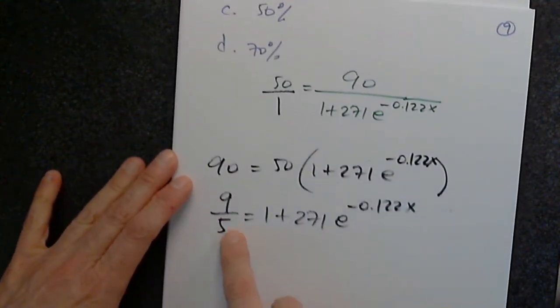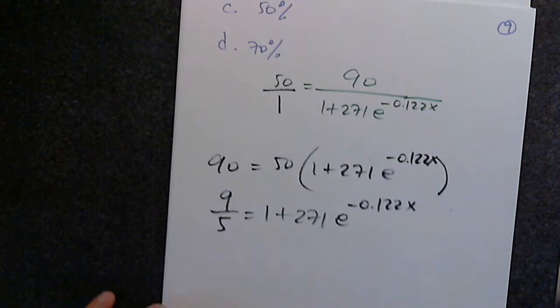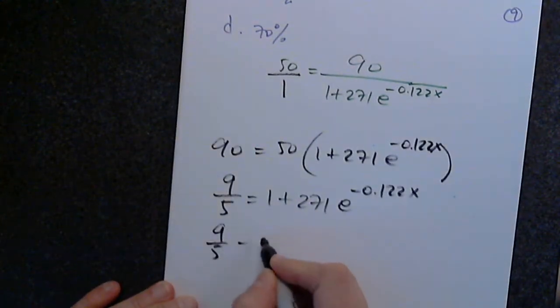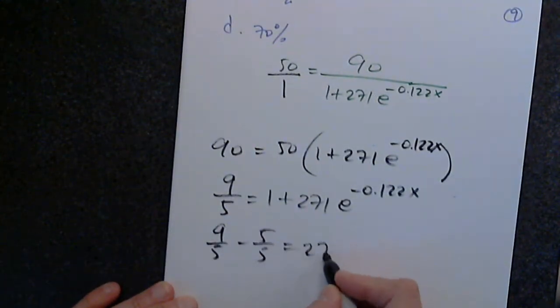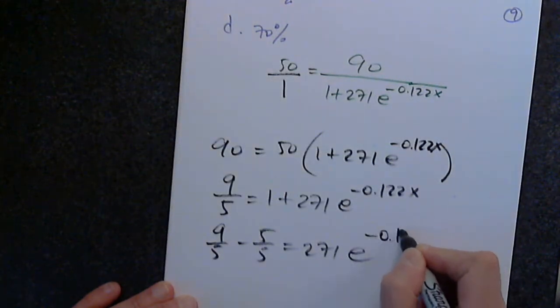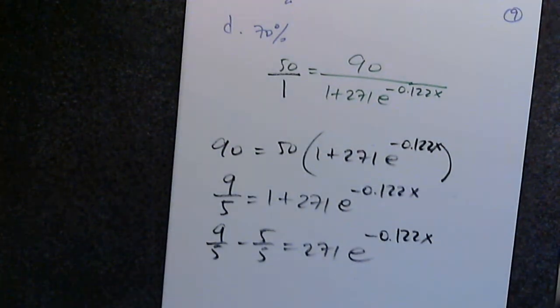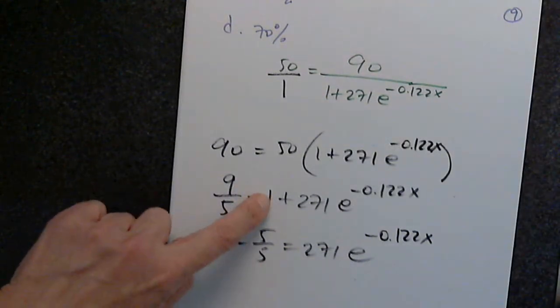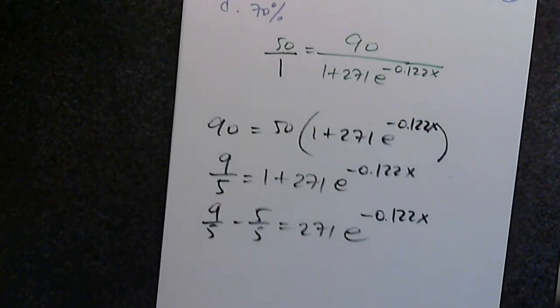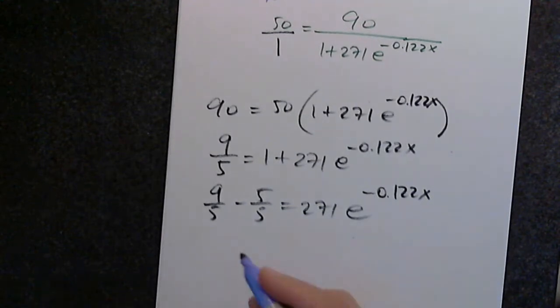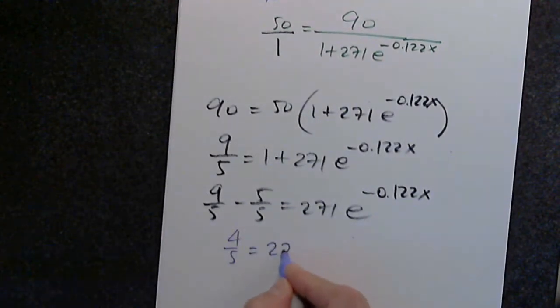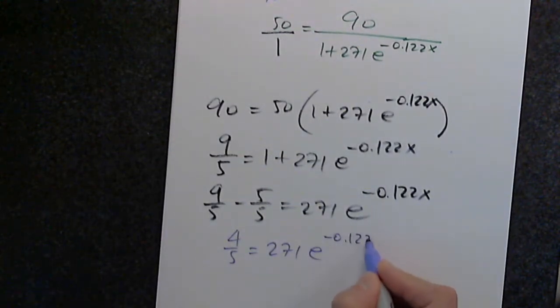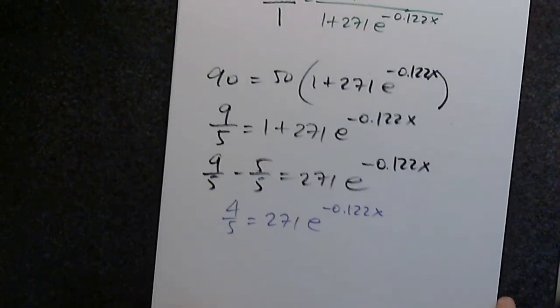Good. So now I have to move 1. If you want it like 5 over 5, it's fine too. So how much is 9 over 5 minus 5 over 5? It's 4/5. I'm moving 1 to the other side. One more step before I can apply log.